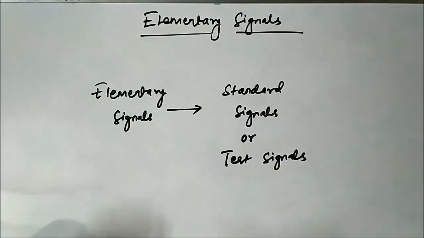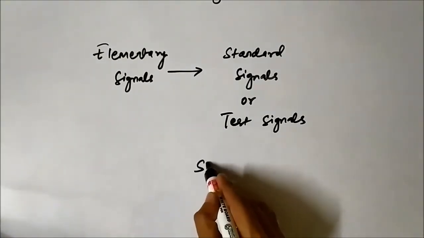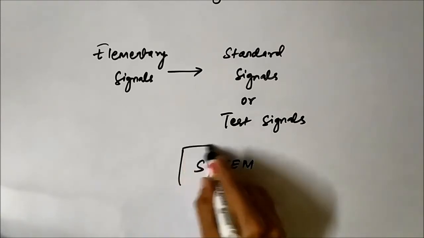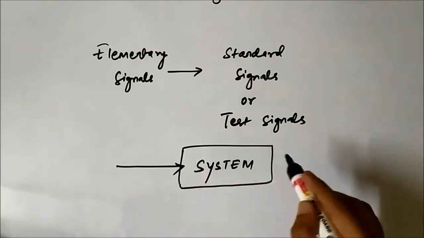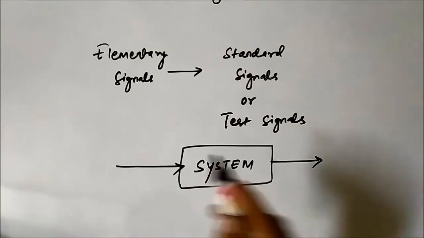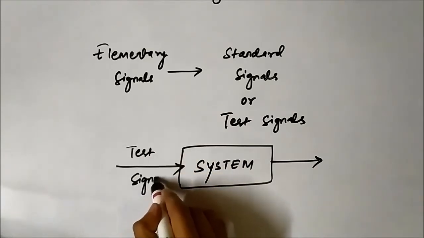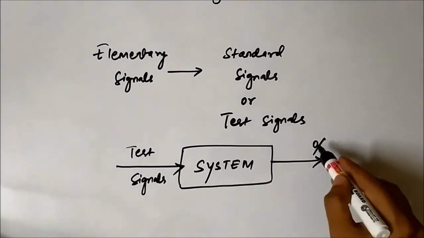Because these signal functions are applied to an unknown system, and from the behavior of the output, the type of system is categorized.